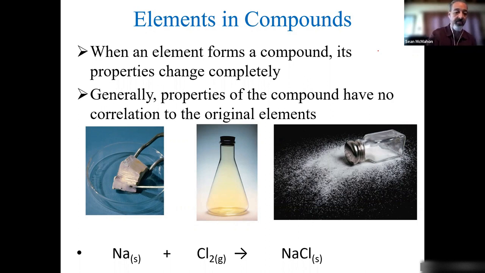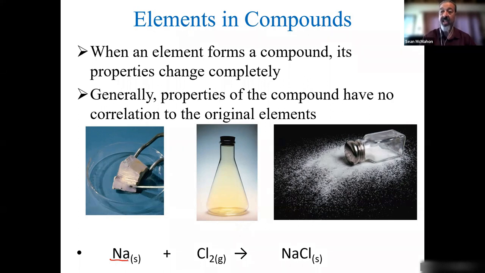So again, sodium is an element, it's a metal, and its singular unit is an atom. So we just write Na for the elemental symbol, and the subscript s stands for solid at room temperature. Typically, your metals are going to be solids, with the exception of mercury, which is a liquid.